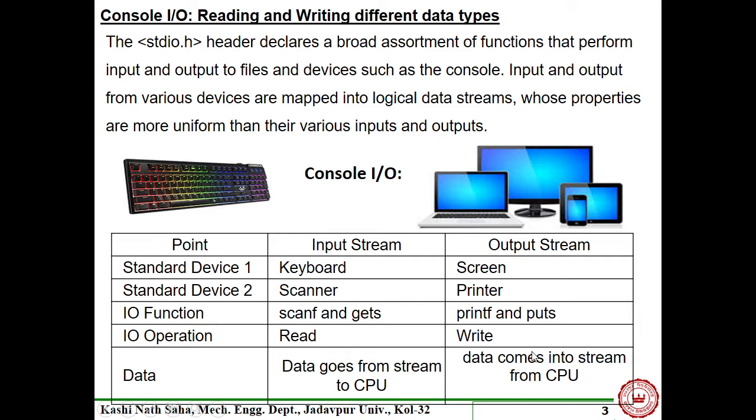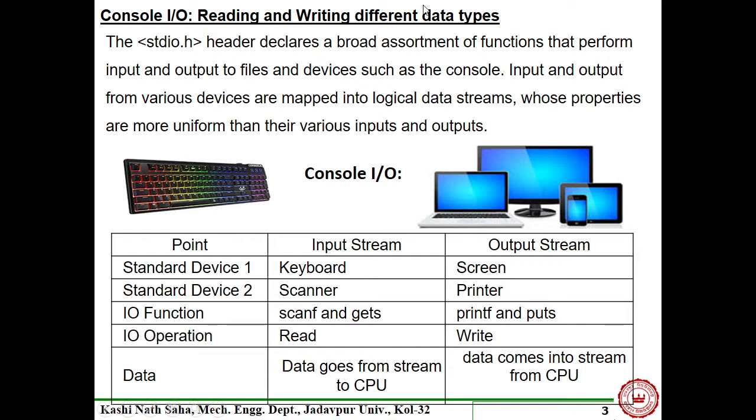Here it writes outputs, that means write into the computer memory, CPU. CPU means central processing unit, and then it goes into your RAM, ROM, whatever, hard drive, etc. We know what are the memory devices.